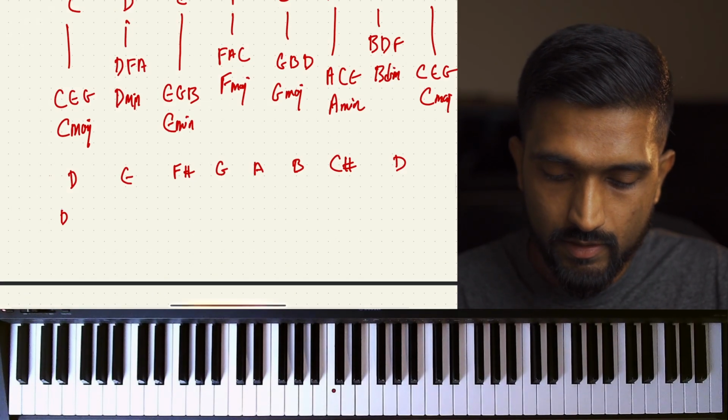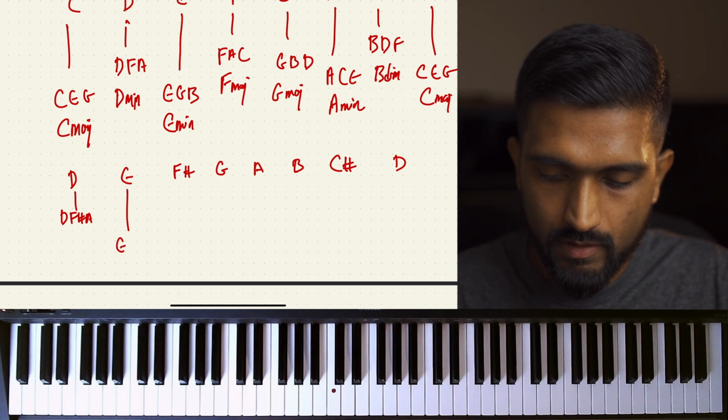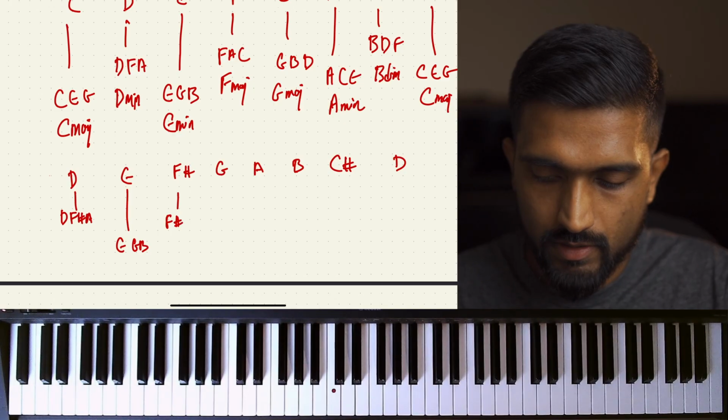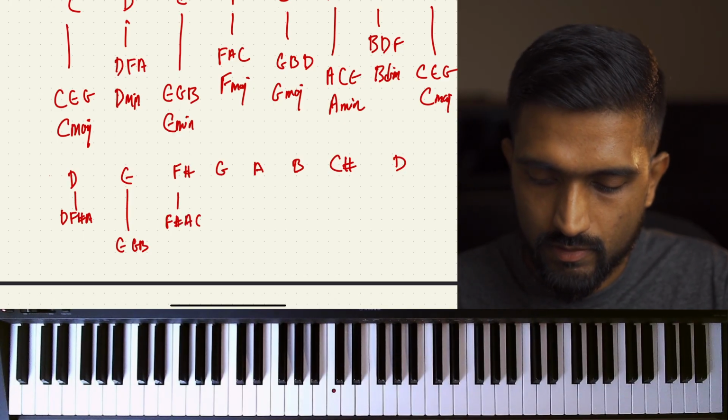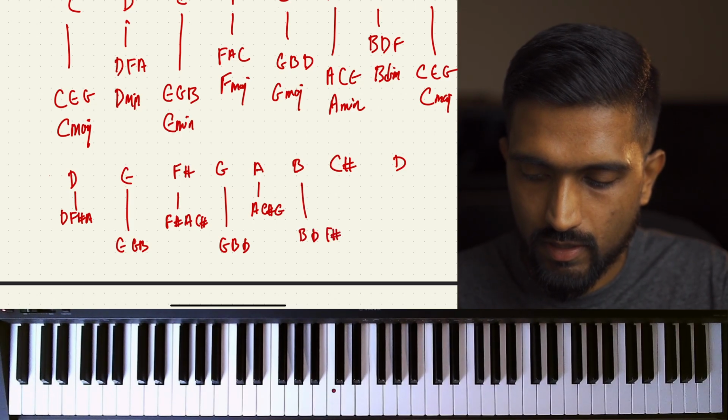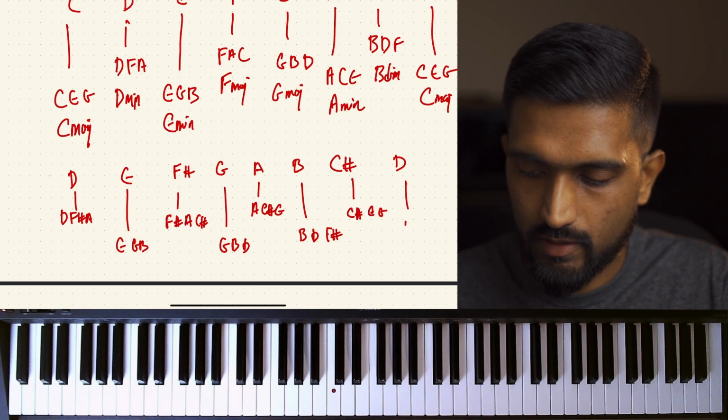So you get D, F sharp, A, E, G, B, F sharp, A, C sharp, G, B, D, A, C sharp, E, B, D, F sharp, C sharp, E, G, and D, F sharp, A.